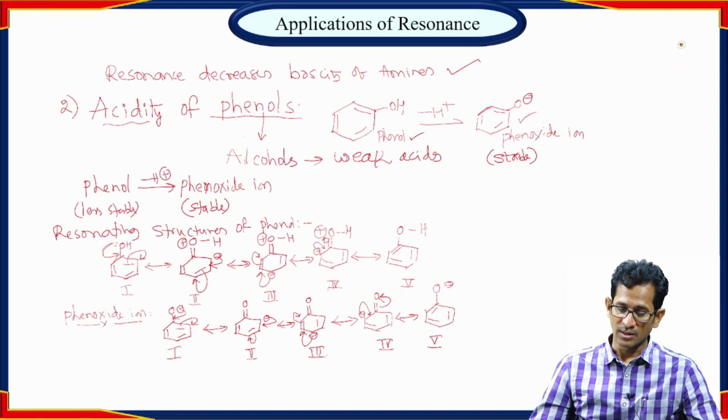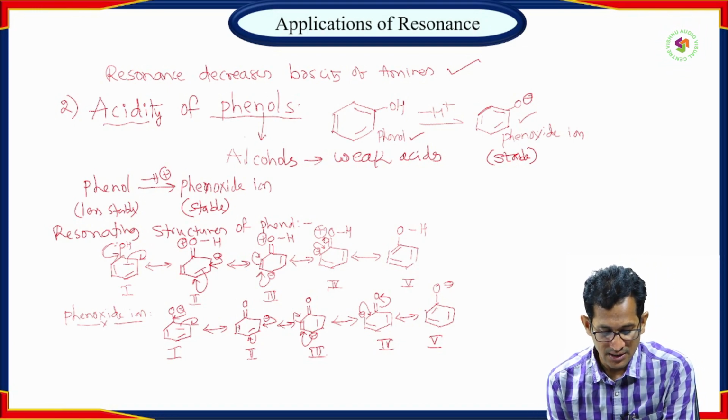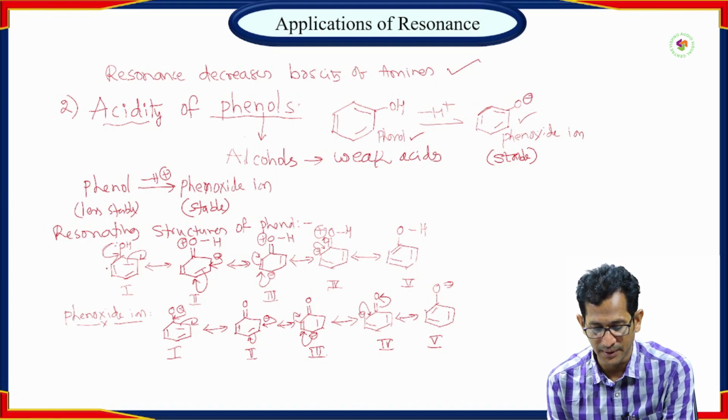For example, we have the 5 resonating structures of phenol. We can't find a charge separation in any one of them. So we will observe both sets of resonating structures. Coming to the resonating structures of phenol, resonating structure 1 is the basic structure, so no charge appears on that.